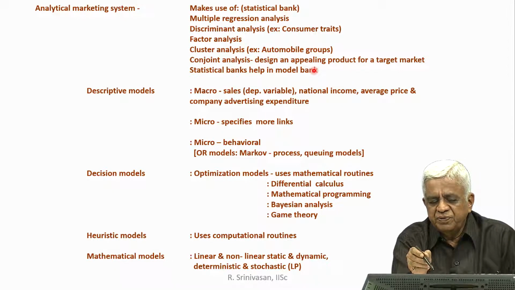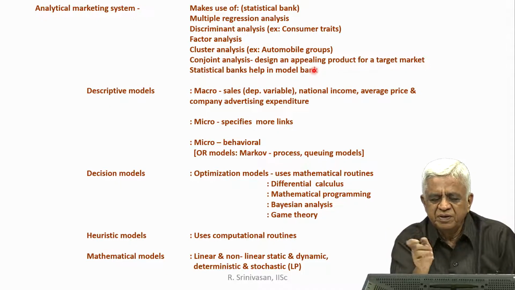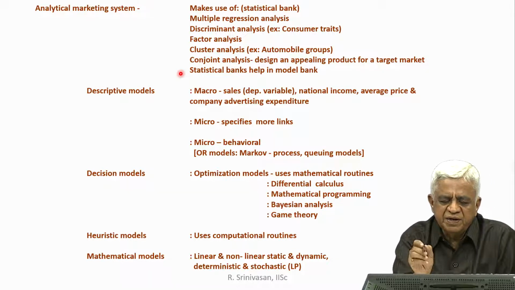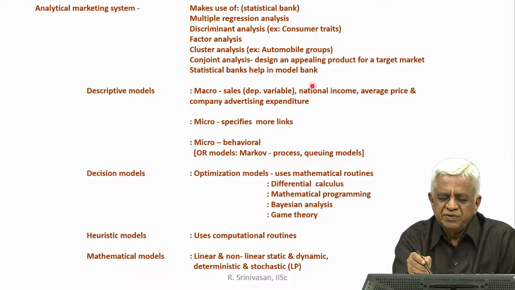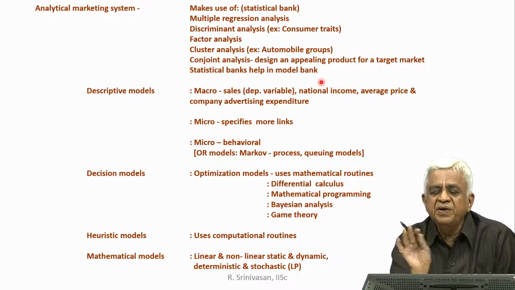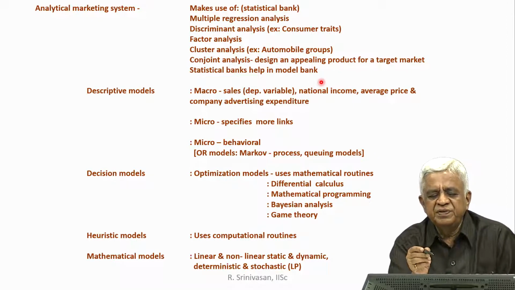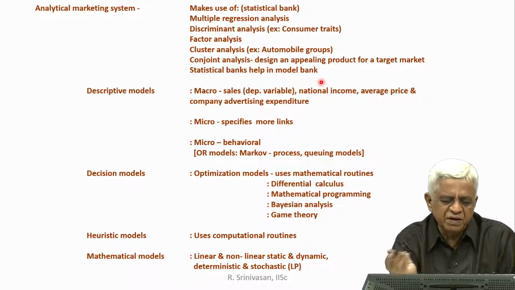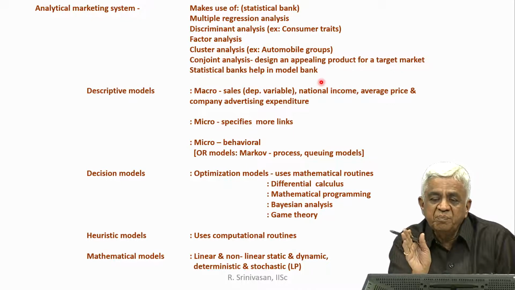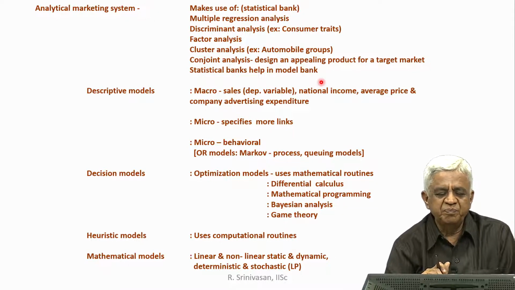The objective of the statistical bank is to help in analysis of the market. What has been listed here is some of the different types of analysis that can be done. So, these are used depending on the situation that you are going to encounter. So, you may use a multiple regression analysis or a discriminant analysis or a factor analysis or a cluster analysis or a conjoint analysis, depending on the type of situation that presents to you in the marketplace.